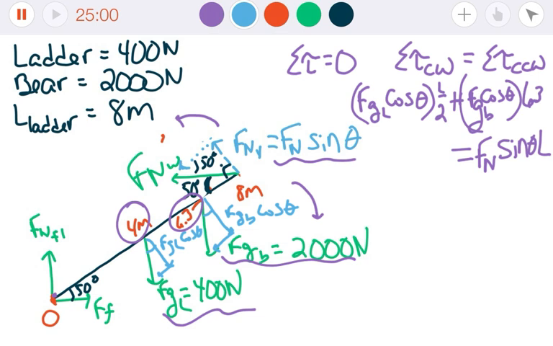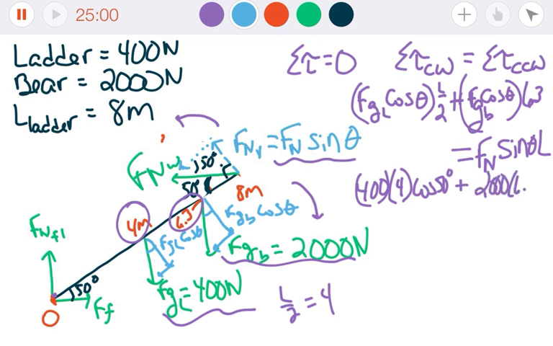So what we end up with is 400 times 4, because the length over 2 is 4, times the cosine of 50, plus the 2000 times 6.3 times the cosine of 50, and that has to equal whatever that normal force is times the sine of 50 times 8, because that's the whole length of the ladder.